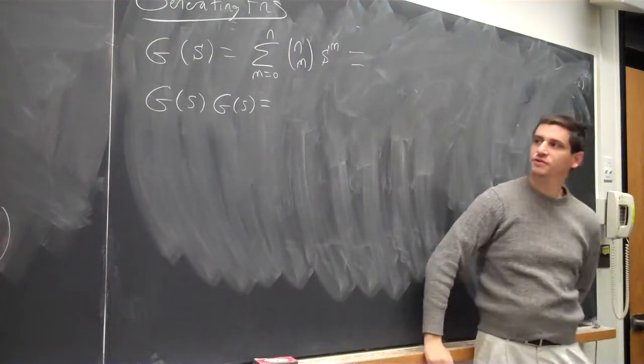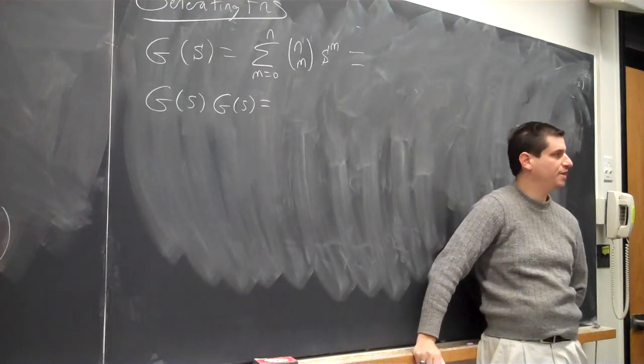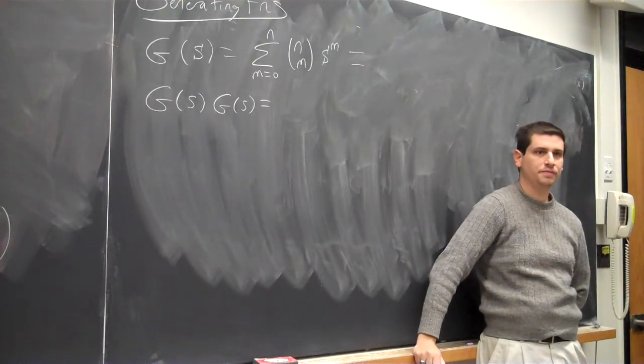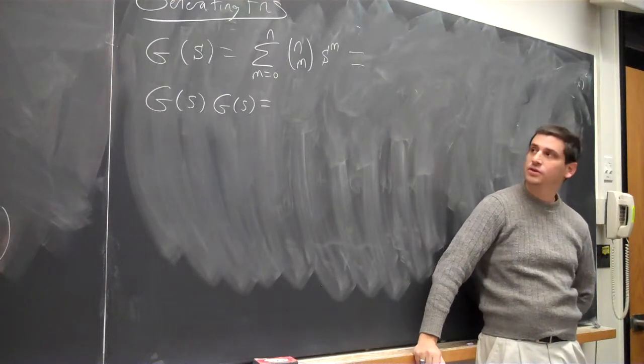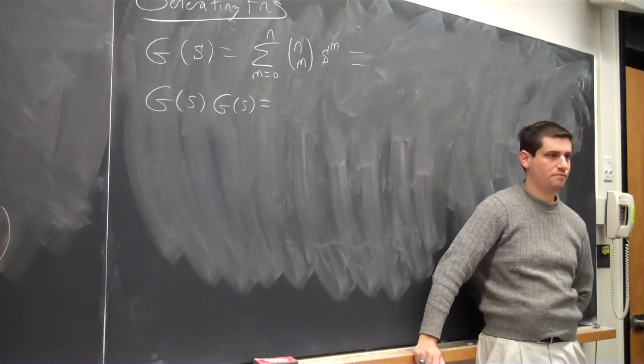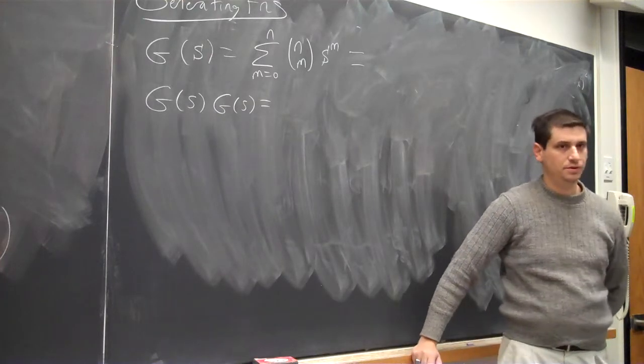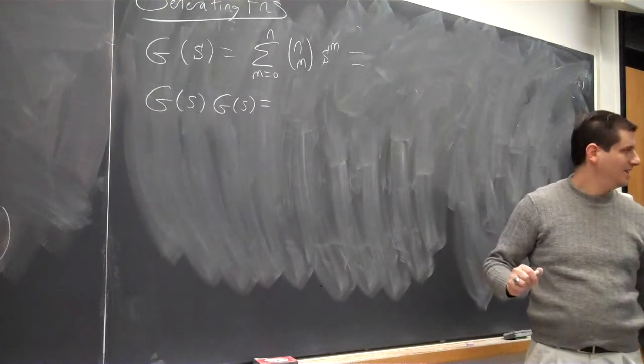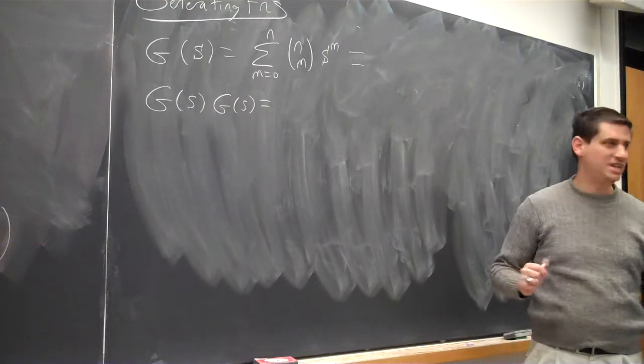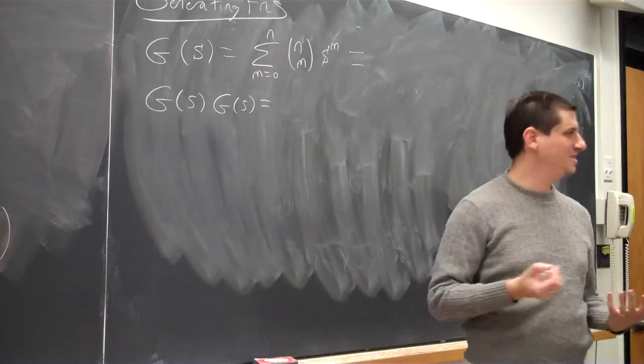Can someone tell me first of all what g of s equals? Can you simplify g of s? So what does that sum equal? S plus 1 to the n. Yes. Either s plus 1 to the n or 1 plus s to the n.